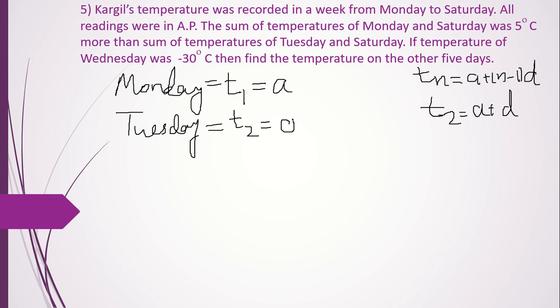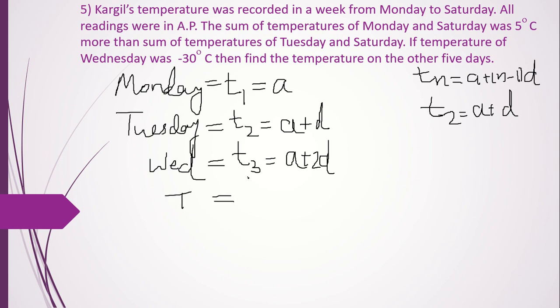So I assume Tuesday's temperature to be A plus d. Wednesday's temperature I assume to be T3, and that is A plus 2d. You all followed why 2d will come? Because 3 minus 1 d, so that's 2d. Then Thursday's temperature would be T4, and that would be A plus 3d.